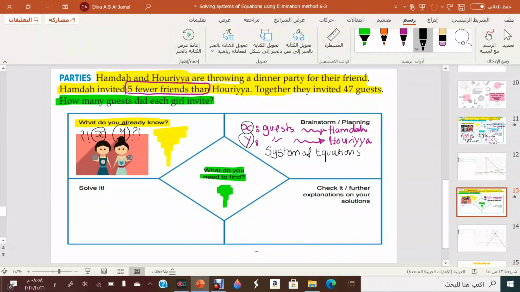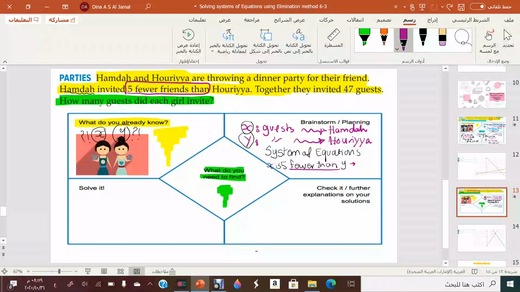Now, we are having the phrase 5 fewer than, and Hamda will be representing the guests of Hamda, which is x. So x is fewer than Huriya's guests, which will be y. So focus on the phrase fewer than. It is all about flipping words.